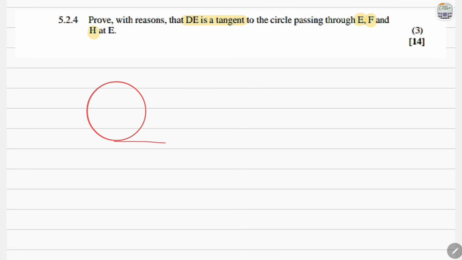You can use the tan chord theorem if the diagram supports it. With tan chord theorem, it's usually the one that you definitely must use because the other theorem that you can use apart from the tan chord theorem would be radius perpendicular to tangent. But you see, for that, you need to have a radius in the first place. Okay, tan chord theorem. The other one is radius perpendicular to tangent.